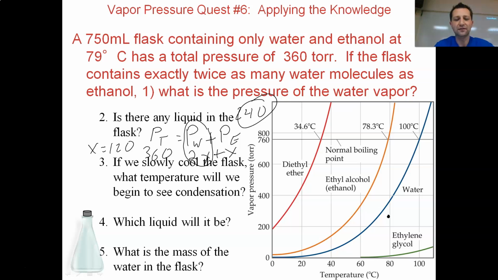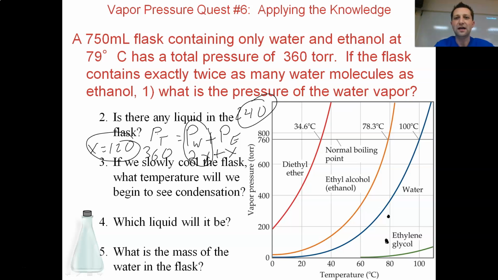Partial pressure of ethanol at 79 Celsius is 120, okay, because x is equal to 120. So 120 is maybe here-ish.